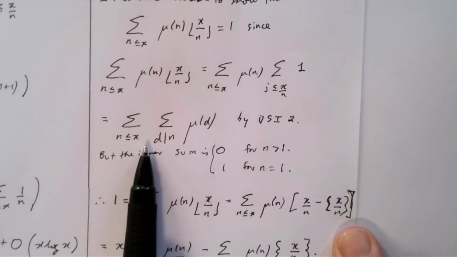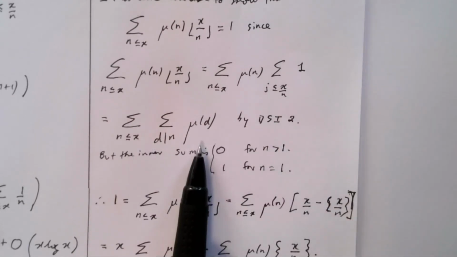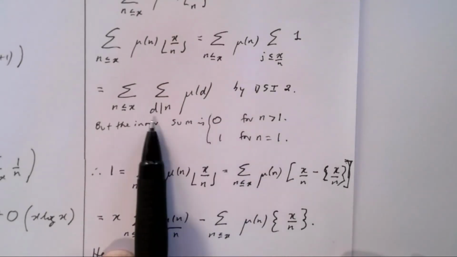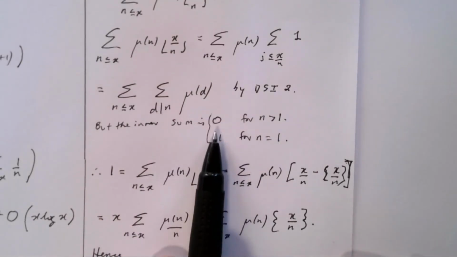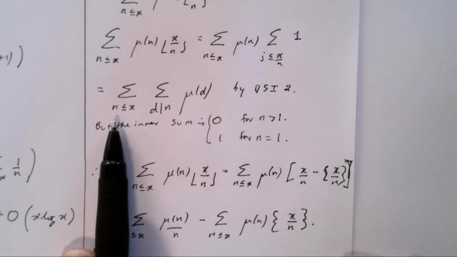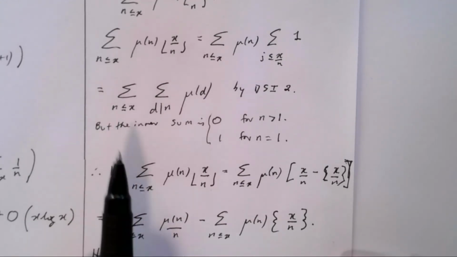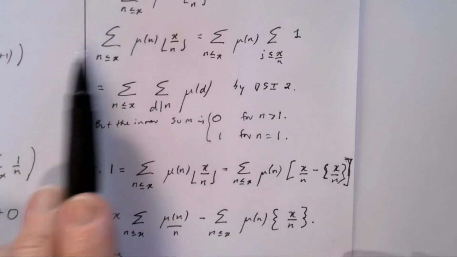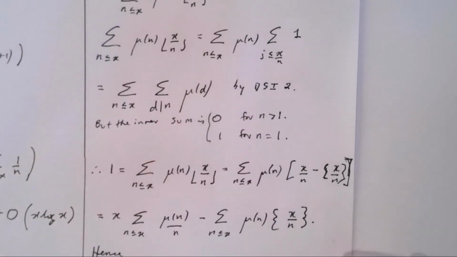So you end up with this sum, applying that. Now this inner sum we've looked at before, this is 0 if n is bigger than 1, and it's 1 if n equals 1. So if n equals 1, then this sum just collapses down to 1. So this sum here is equal to this, and it just equals 1.